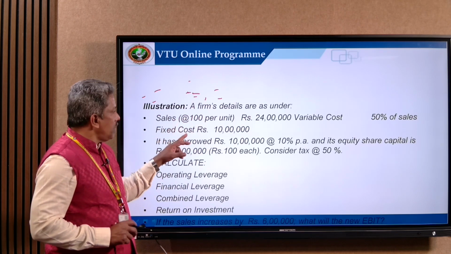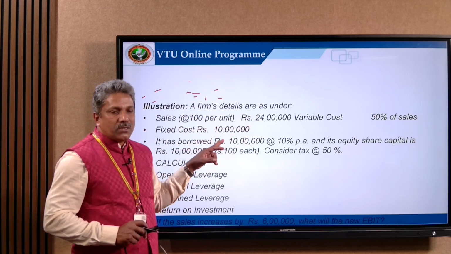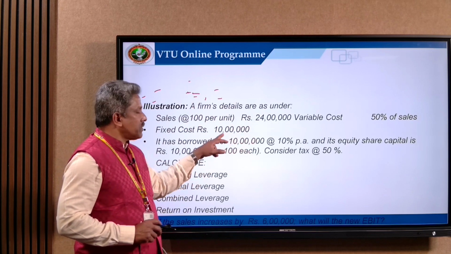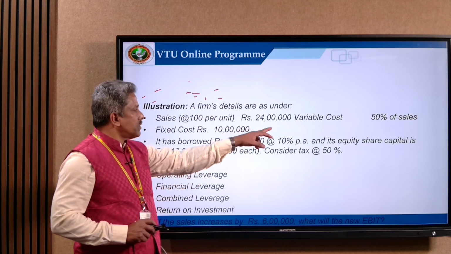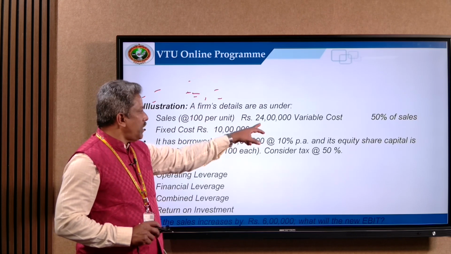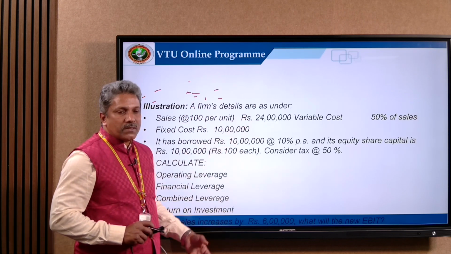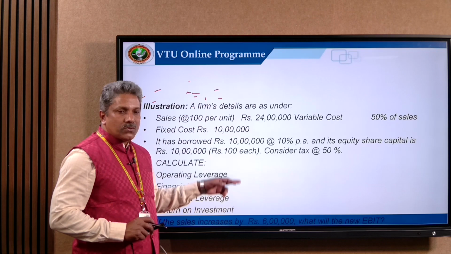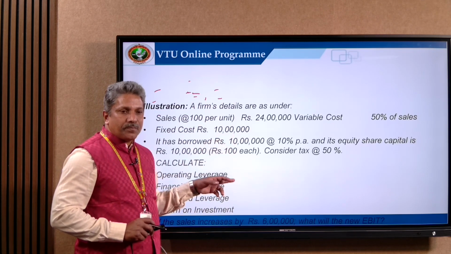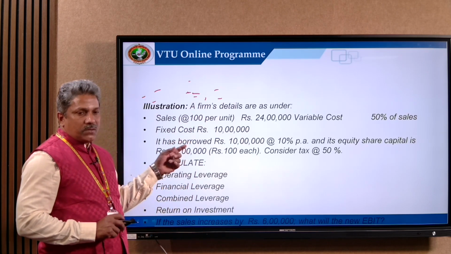Sales is 24 lakhs, total cost is equal to variable cost plus fixed cost. Fixed cost is 10 lakhs, variable cost is 12 lakhs. So, 12 plus 10, 22 lakhs rupees is the total cost. So, 24 minus 22 lakhs, we get 2 lakhs rupees as the EBIT.